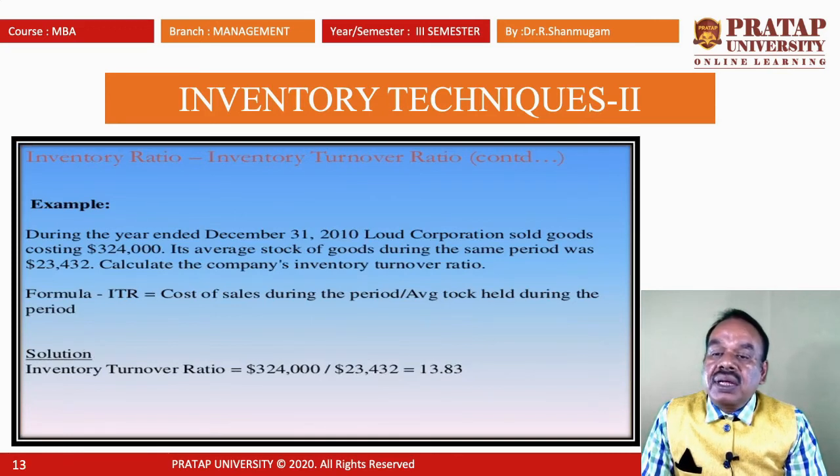Example: during the year ended December 31st, that means the closing stock, 2010, Loud Corporation sold goods costing $32,400. Its average stock of goods during the same period was $23,432.